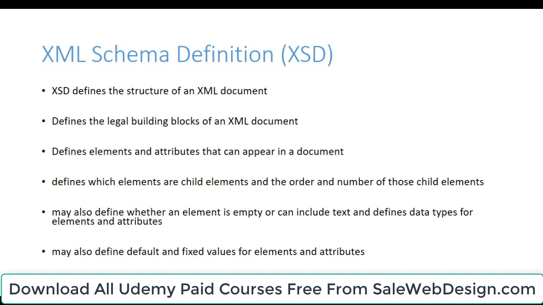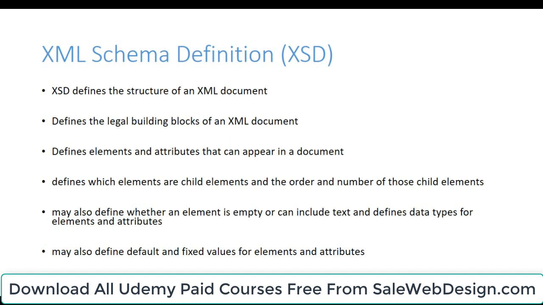The purpose of an XML schema is to define the legal building blocks of an XML document. So an XML schema defines elements and attributes that can appear in a document. XSD also defines which elements are child elements and the order and the number of those child elements.